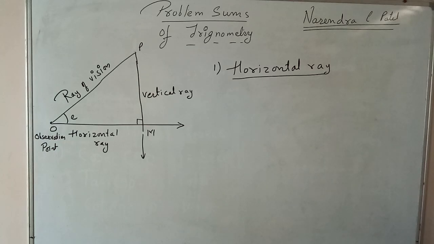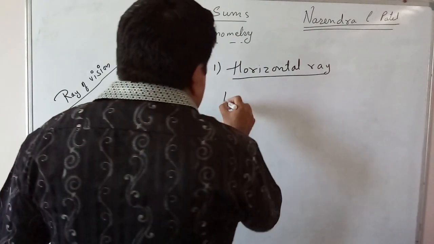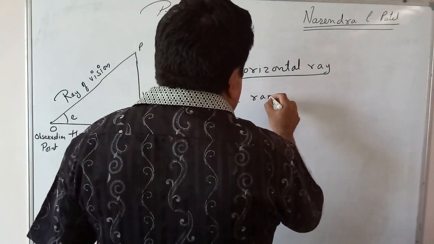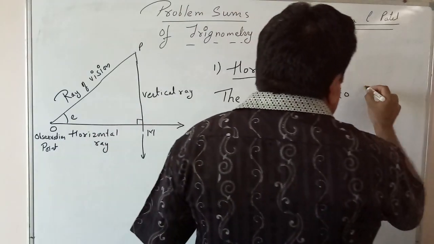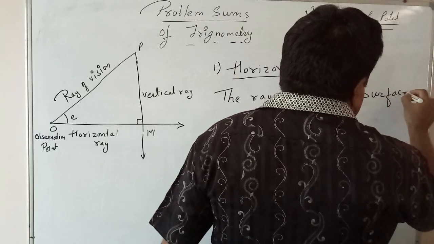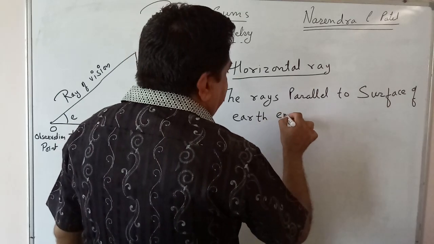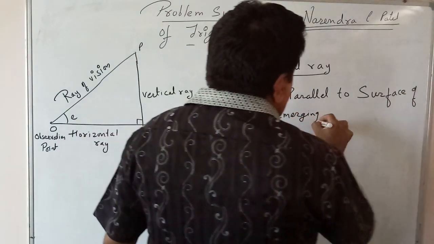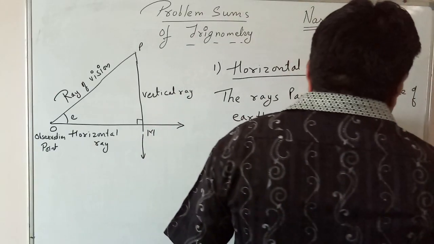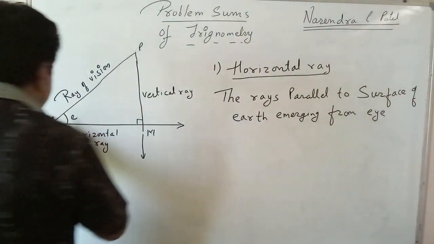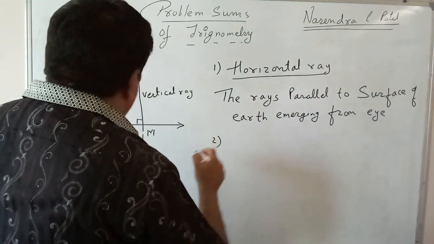The ray parallel to the surface of earth emerging from the eye. From where you are looking, this ray is emerging from the eye and it is parallel to the surface of earth.